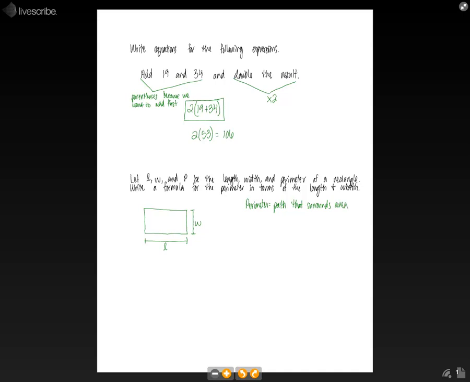And so a good visual to think of this would be like a fence around a yard. And so the total distance of fence equals the perimeter of that area.